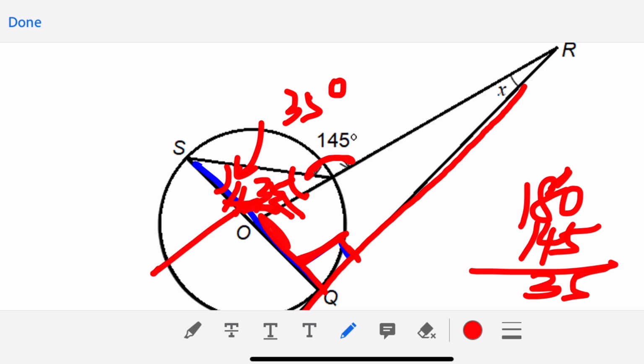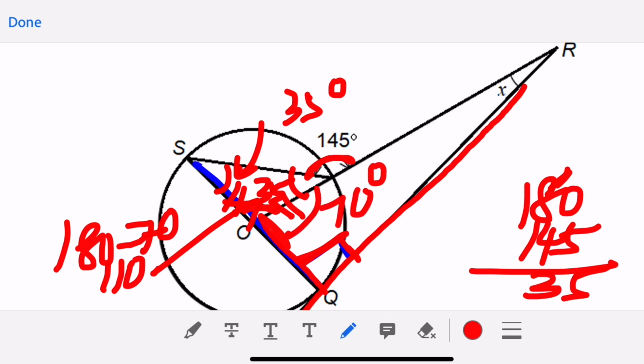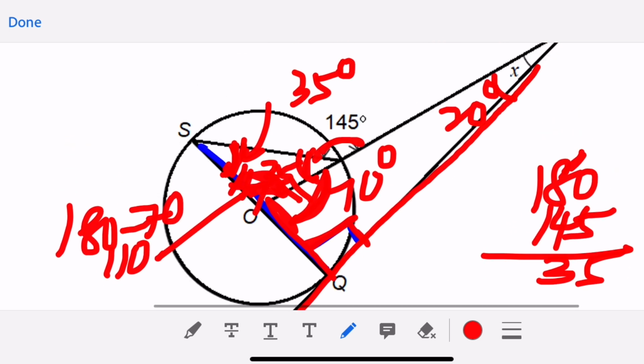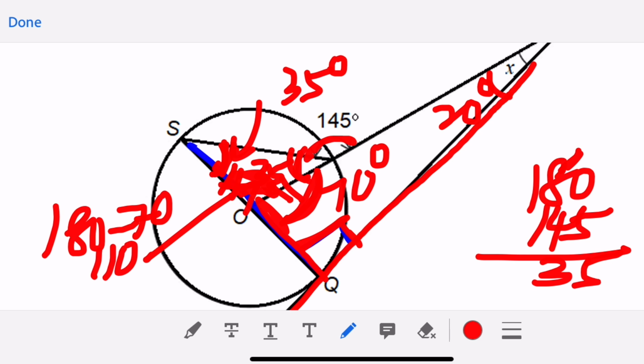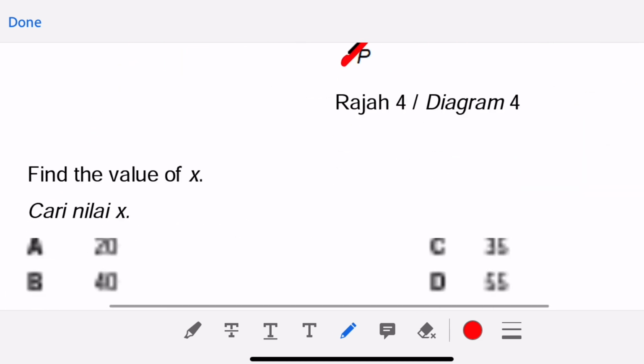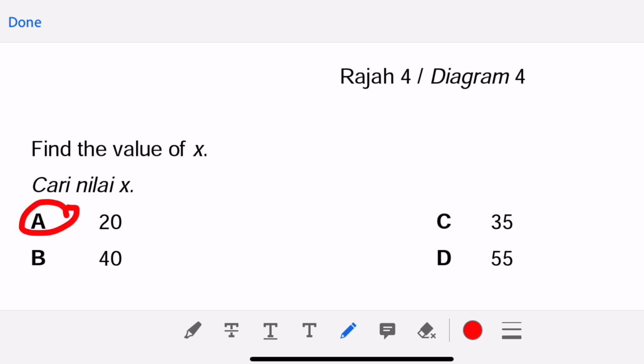So this angle will be 180 minus 70, which is 110. So that means this angle is 70, right? So hence x will be 20, 180 minus 70 minus 90, the balance for x is 20. So the answer for x is 20.